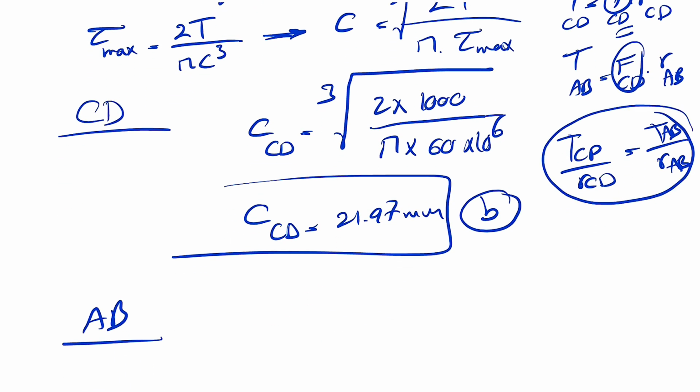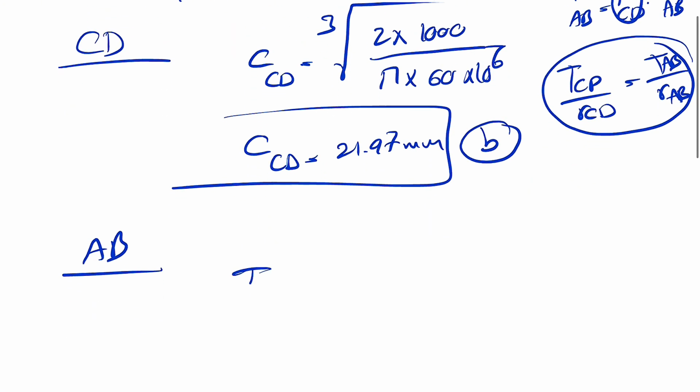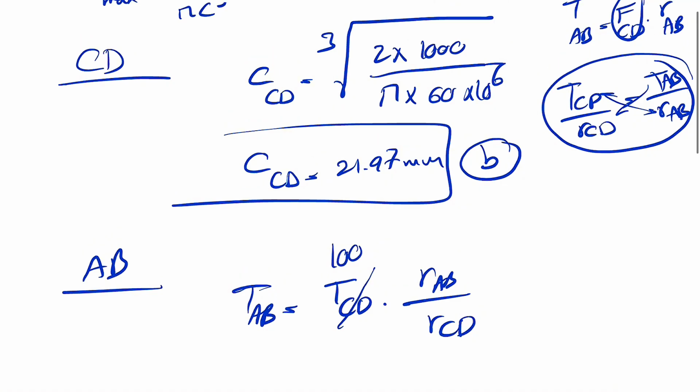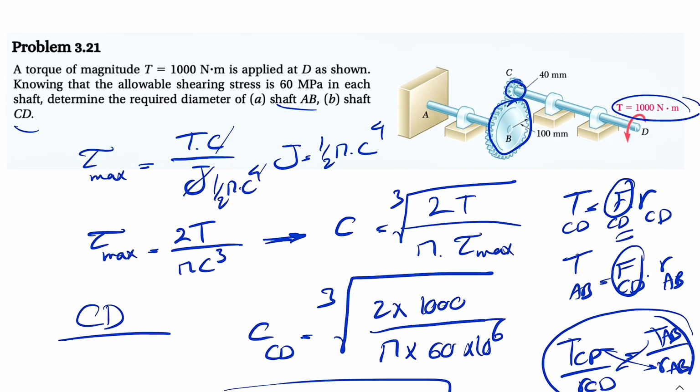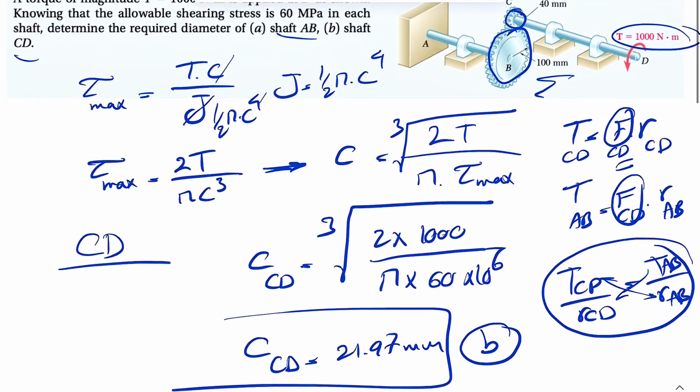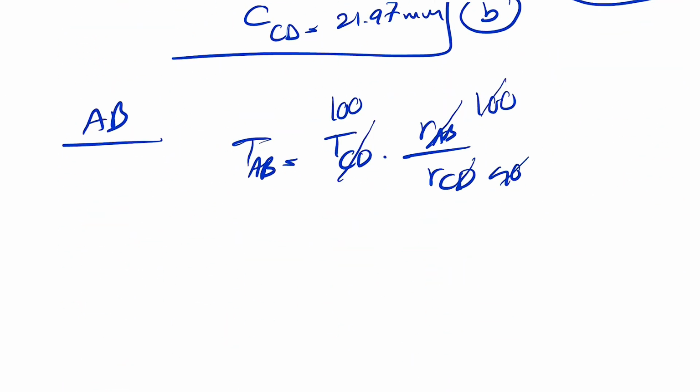This is how we're going to find the torque in AB. Cross multiplying, T_AB is going to be T_CD times R_AB over R_CD. We know T_CD is 1000, and the radii are R_AB is 100 and R_CD is 40, which gives a ratio of 2.5. So the torque in AB would be 2500 Newton meters. The rest is the same.